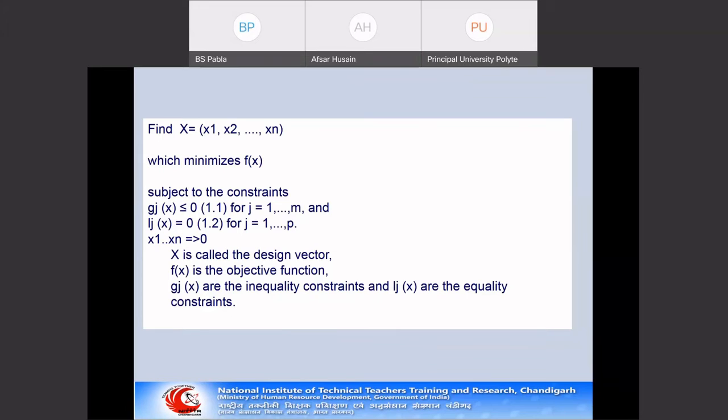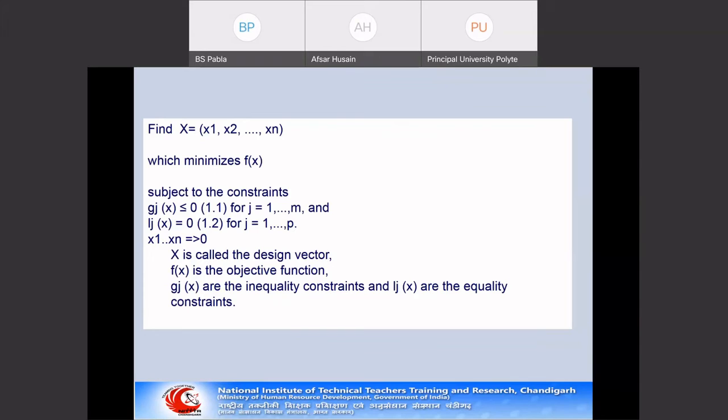So these are gj(x) equal to or less than 0. These are called inequality constraints, and there is a sign of inequality in it. Lj(x) is equal to 0. That means x1 plus x2 plus x3 or 5x4 is equal to 0. That means there is a relation between x1, x2, x3, x4. This is called an equality constraint.